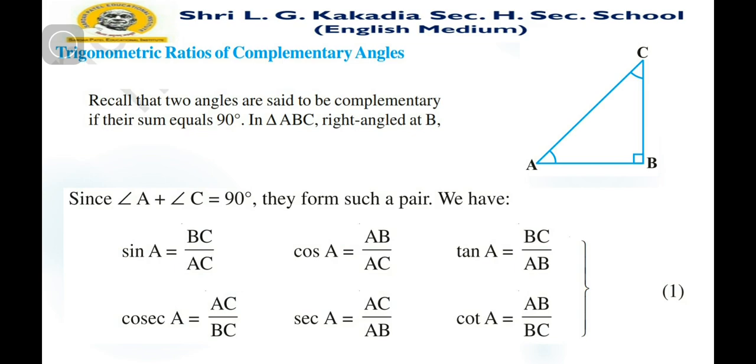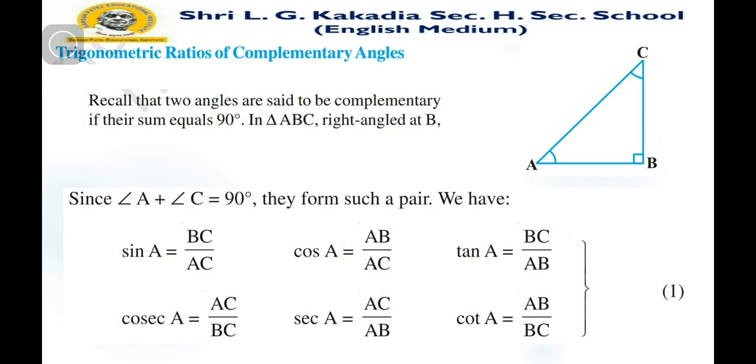Then the trigonometric ratios according to angle A are: sin A is BC upon AC, that is opposite side upon hypotenuse. Cos A is equal to AB upon AC, the adjacent side to angle A upon hypotenuse.